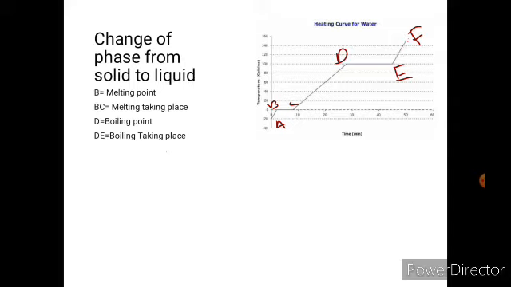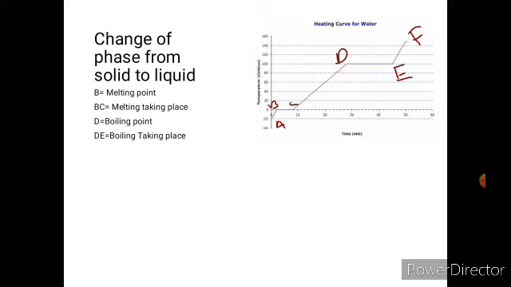Now from C to D, as soon as it reaches C, the temperature will increase till 100 degrees C, and from 100 degrees C it will not increase more in temperature, and it will stay very steady. As a result, there will be no increase in temperature, but there will be a change in the phase.